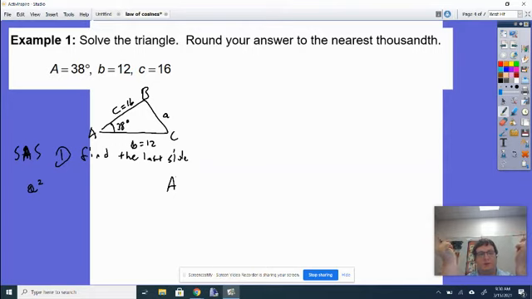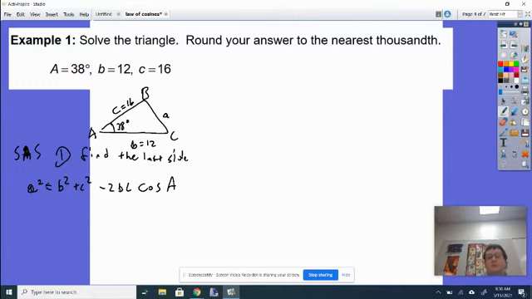Whatever I'm looking for goes on the outside, and whatever I have goes on the inside. I have little b and little c, those are going on the inside. Squared, minus 2, always 2, b and c again, and then cosine. So what we're looking for on the outside, and what we have on the inside.